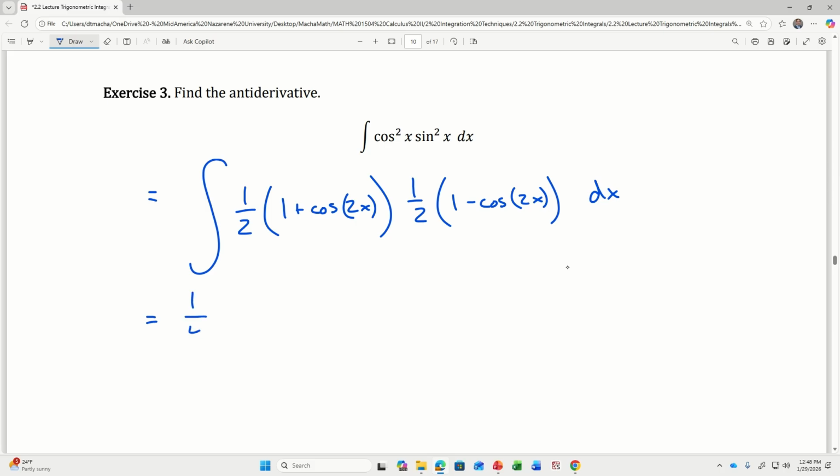The 1/2 becomes 1/4. And then I've got 1 minus what?